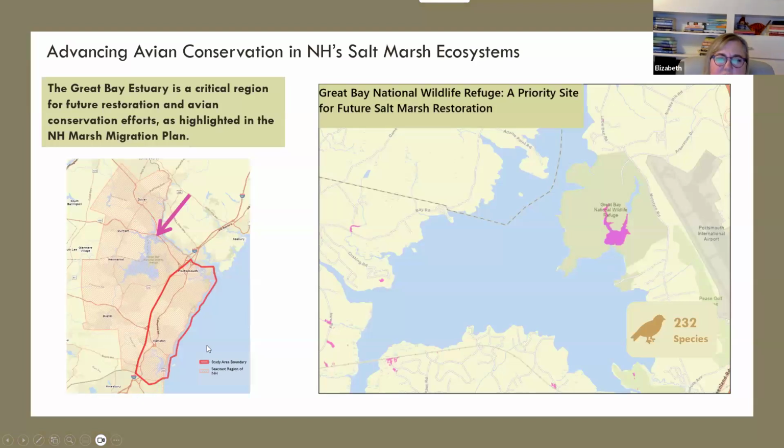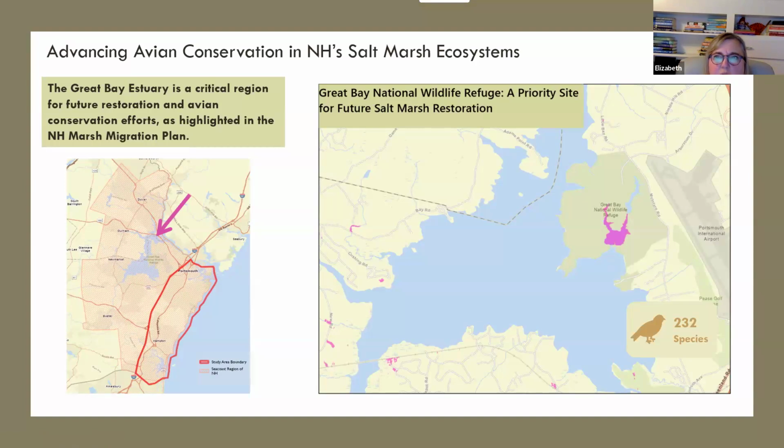So this was my area right here. And right on the other side of the highway, you have the Great Bay Estuary. And this whole area right here that's shaded in, it's all considered part of the seacoast. So I think this area right here at the top, the Great Bay National Wildlife Refuge, that's what the Stevens et al. report has focused on.